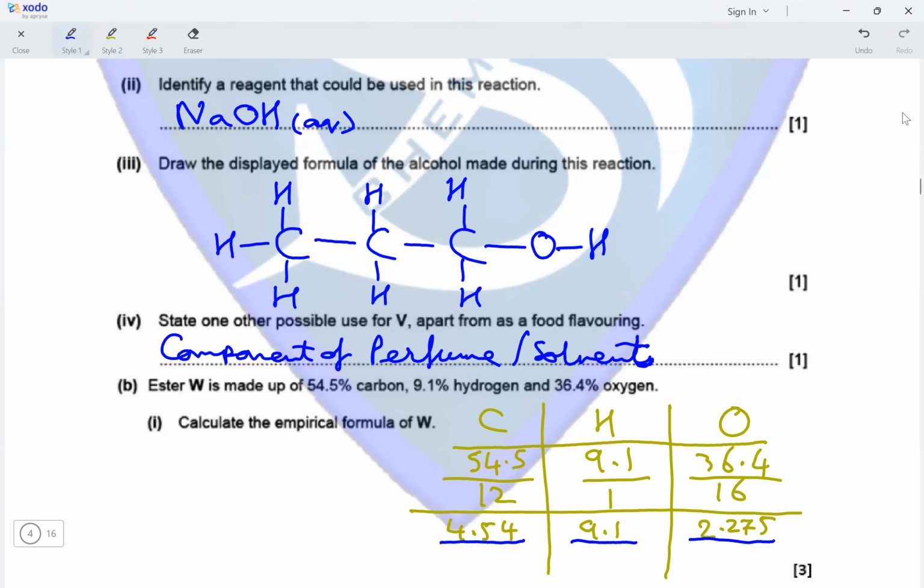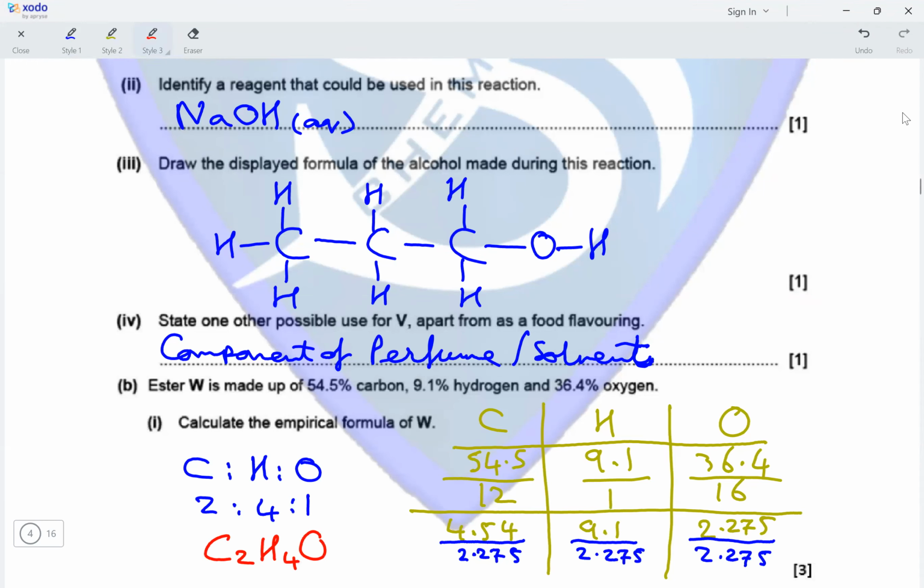So when we divide 4.54 by 2.275, 9.1 by 2.275, and 2.275 by 2.275, we have a carbon to hydrogen to oxygen ratio of 2 to 4 to 1, which leaves us with an empirical formula of C2H4O.